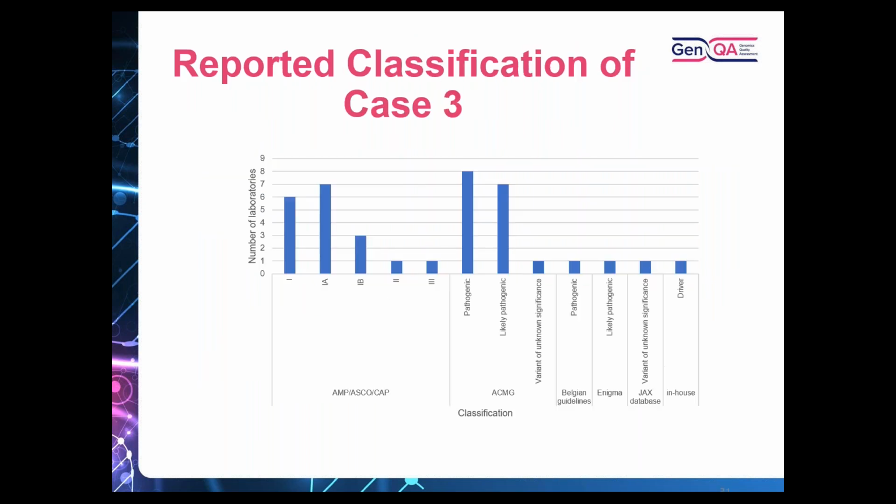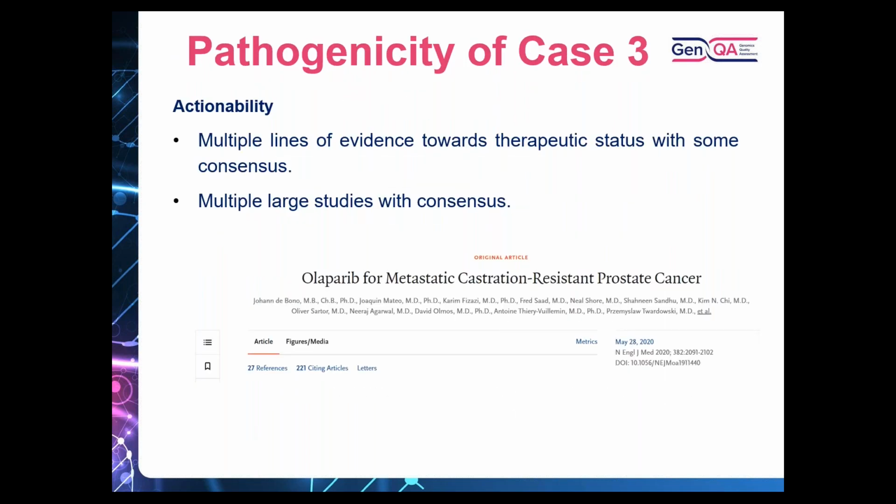Currently within the UK, it is not NICE approved. There is no approval yet for it at the moment in prostate cancer, only in the ovarian setting, which is why it would be a 1B rather than a 1A.